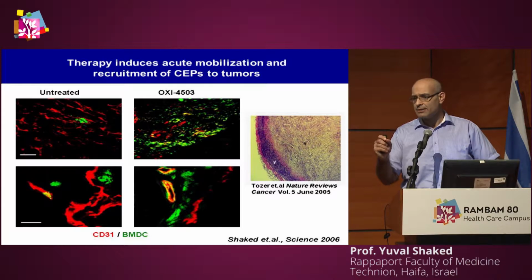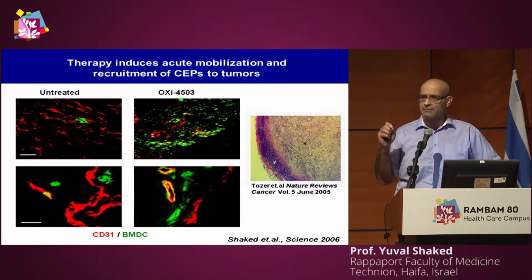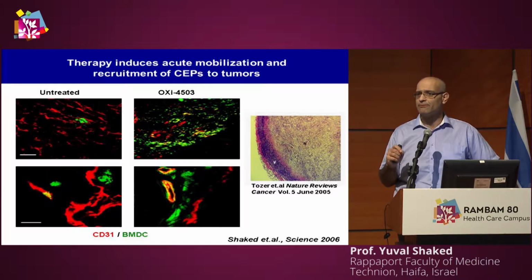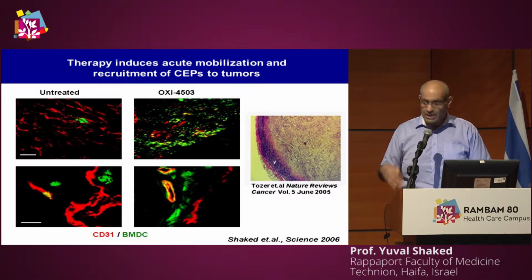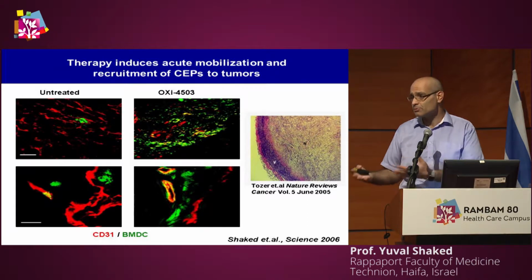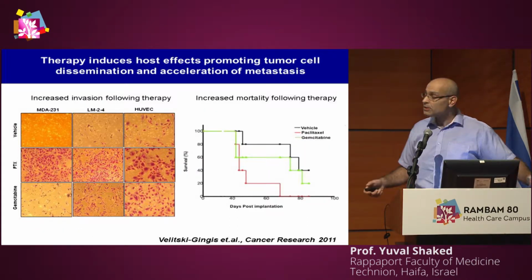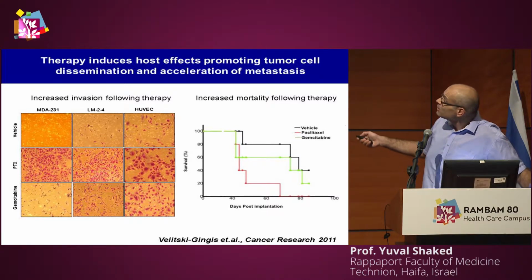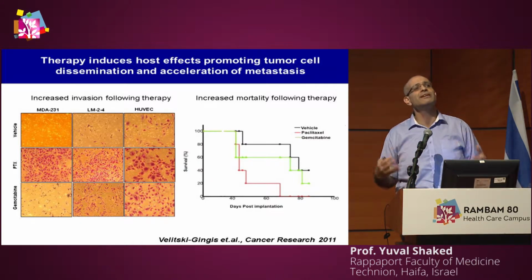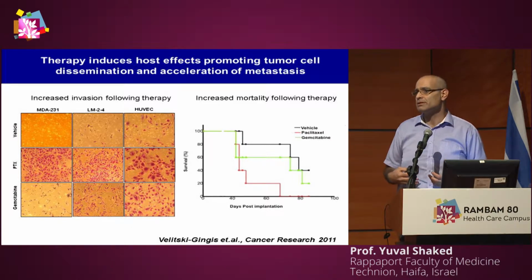If I take mice and treat them with chemotherapy, and then take the blood from these mice and generate plasma, and then ask what happens to tumor cells when you add this plasma to them, one can see that tumor cells incubated with plasma from control or vehicle-treated mice show no changes in their invasion properties.